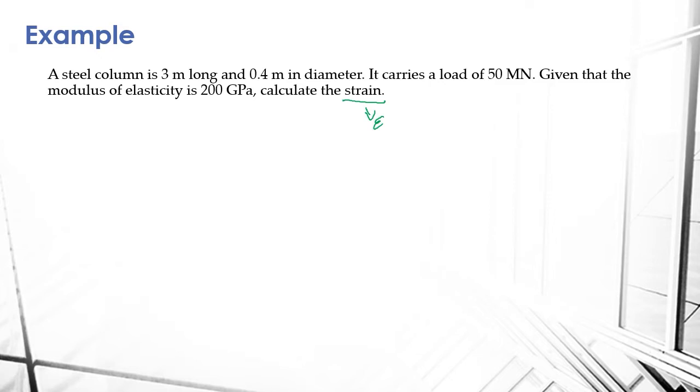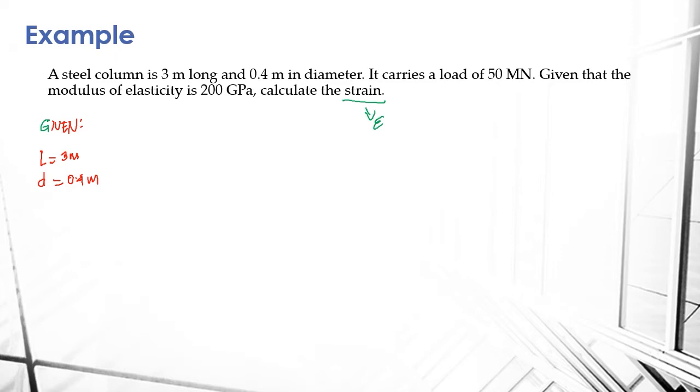So unsa atong una buhaton? Una nato buhaton is ilista tanan given niya. So given: una niya gihatag is ang length, 3 meters. Ang iyang diameter is equal to 0.4 meters, so pasabot ang column is lingin siya, circle ang iyang forma.